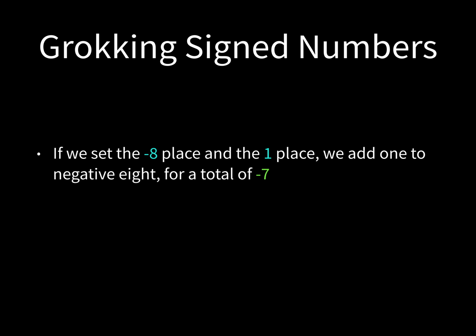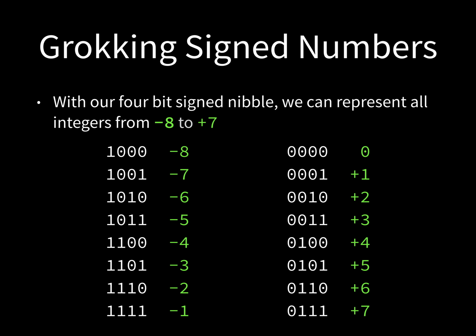Now, if we set the -8 place and the 1 place, when we add 1 to -8, we get a total of -7. With our theoretical 4-bit signed nibble, we can represent all integers from -8 to +7.